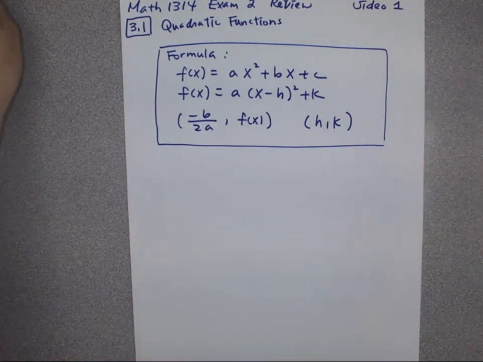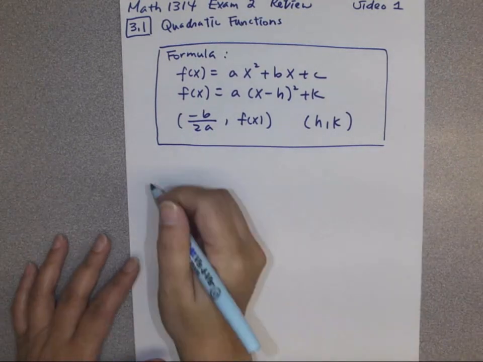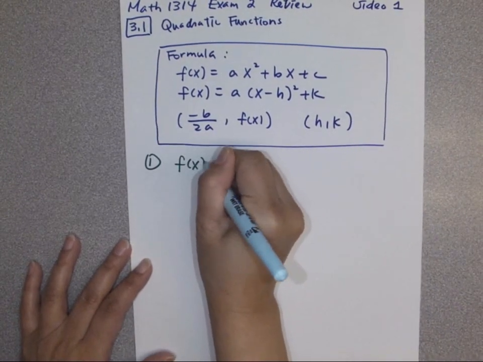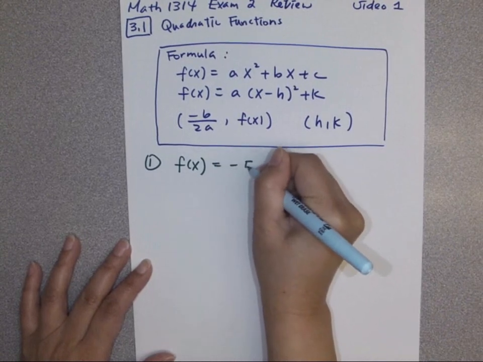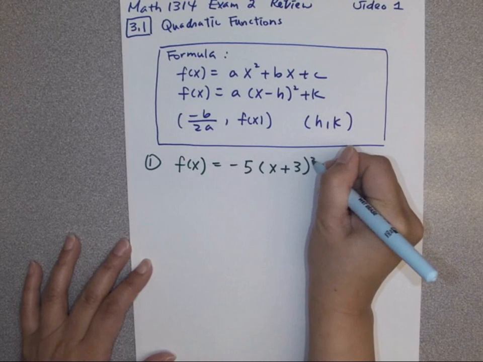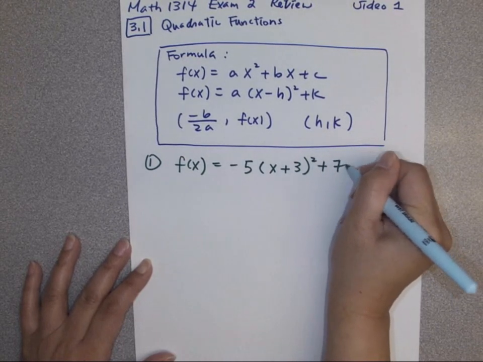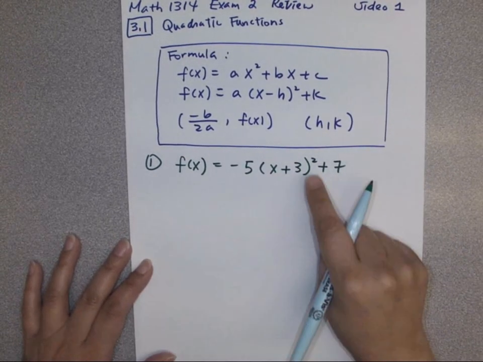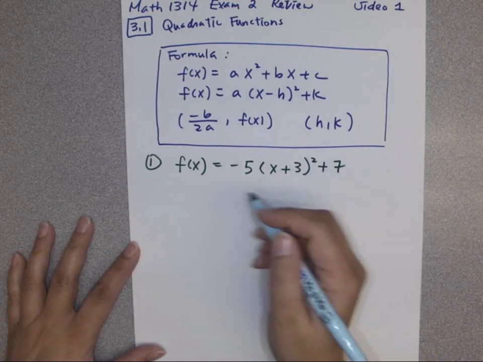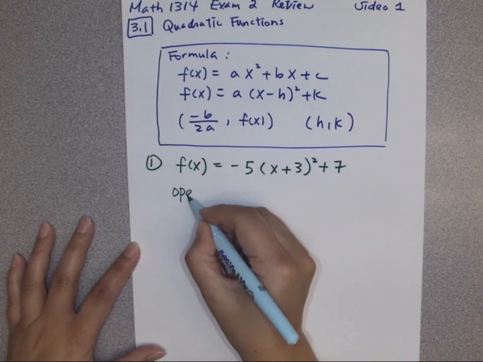Okay, first example for quadratic functions. We are going to give you a quadratic function, negative 5 times (x plus 3) squared plus 7. We know it's quadratic because it has x to the second power. Based on that, we want to be able to tell if it's open up or down.